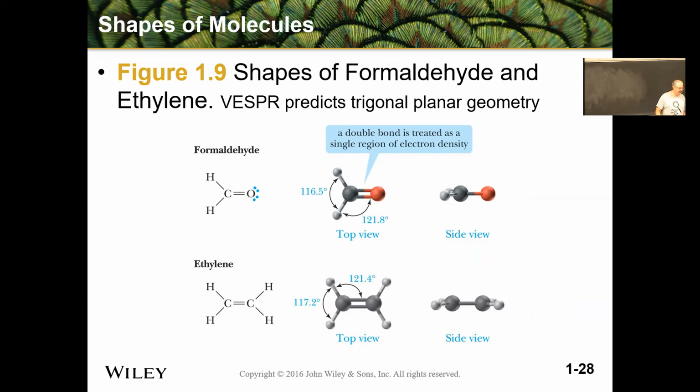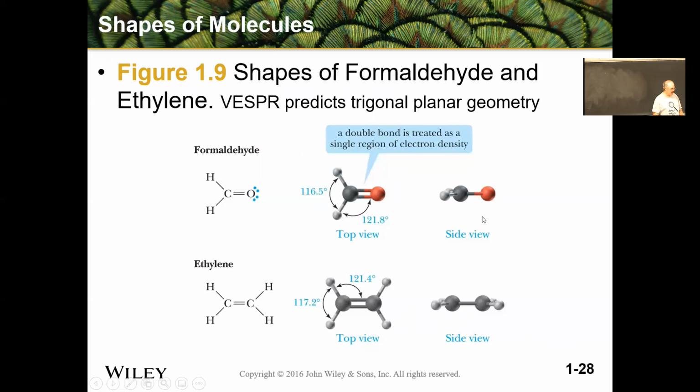Okay, so here we have some trigonal planar molecules. The approximate bond angles are 120. But since this bond is not the same as the other 2 bonds, this one's a little bit less, this one's a little bit more, but they're close to 120. Same way with ethylene.